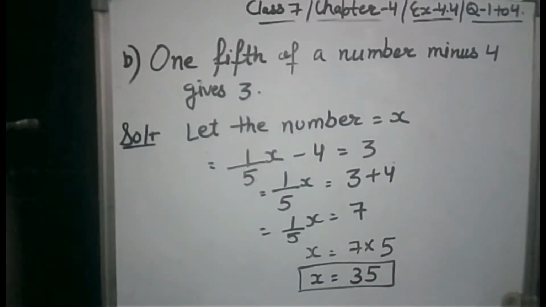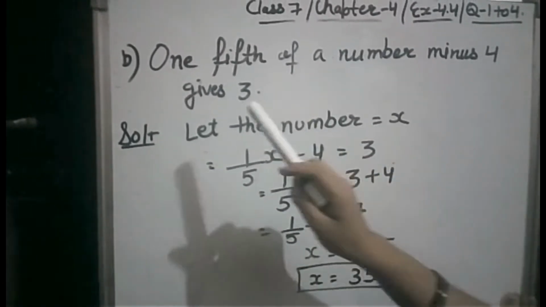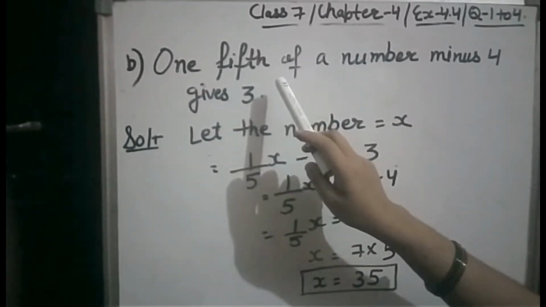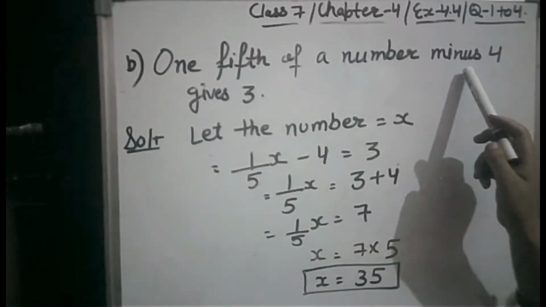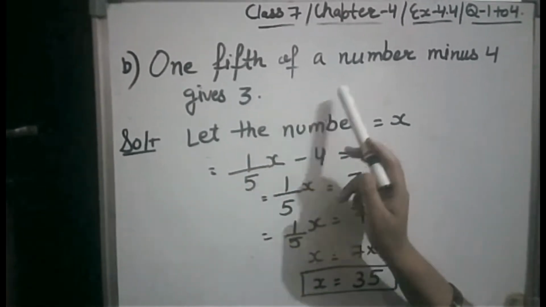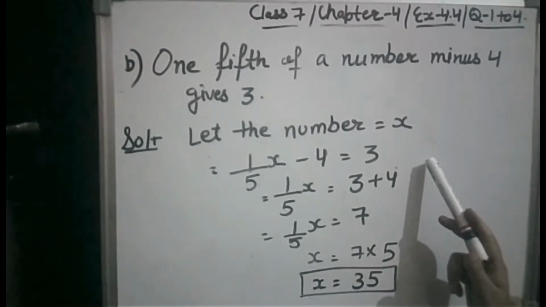Now in the B part we have: 1/5 of a number minus 4 gives 3. It means 1/5 part of a number, and if we subtract 4 from it, what do we get? 3. Very simple. So what is that number? That number is x.